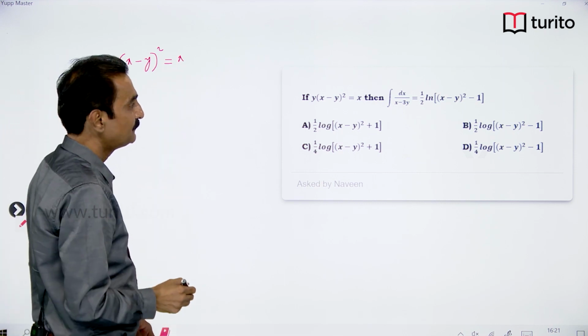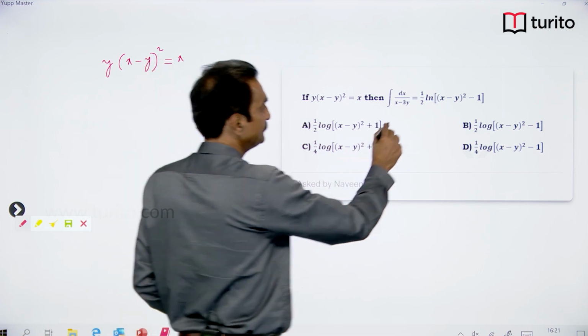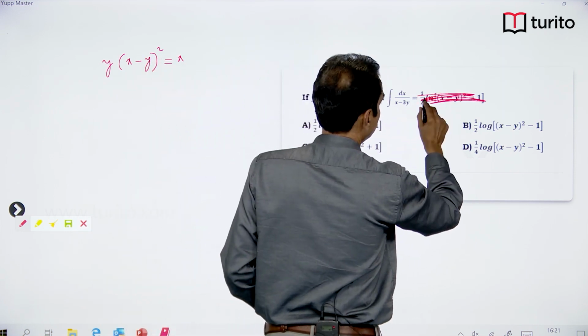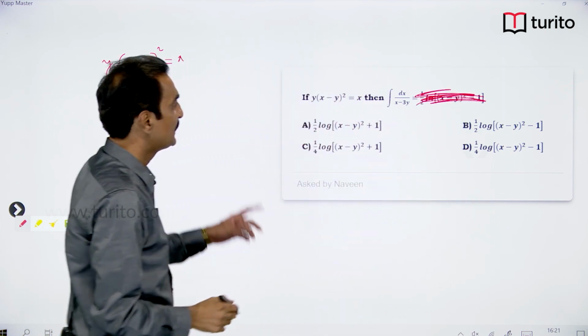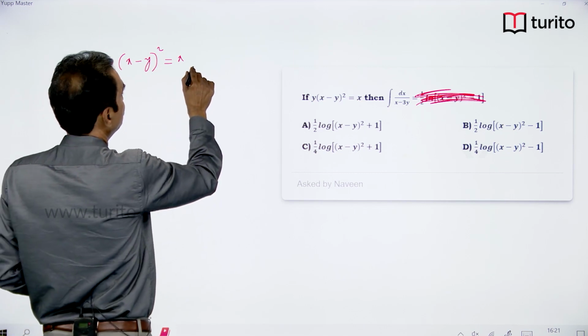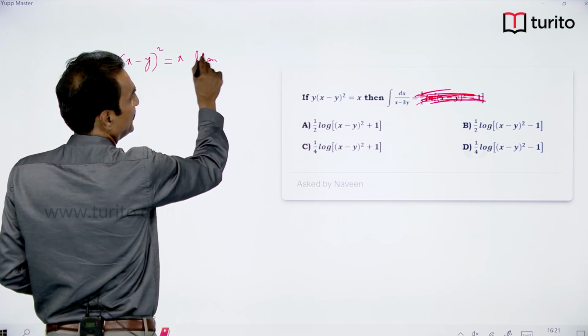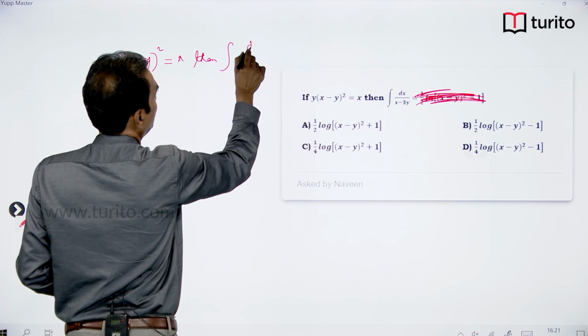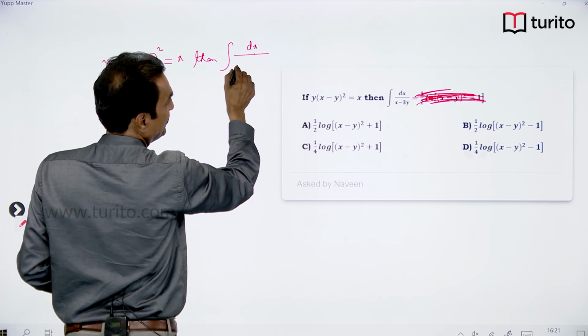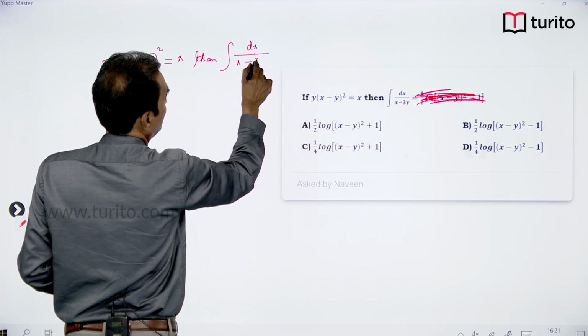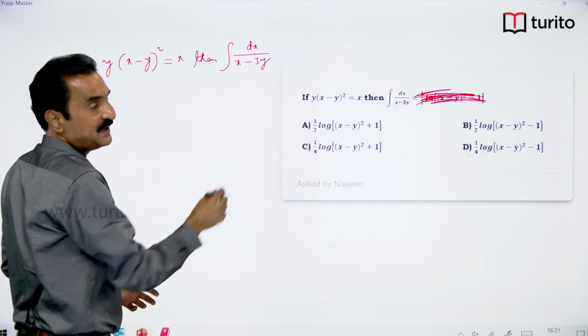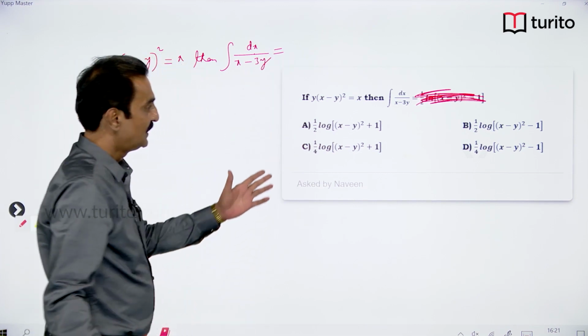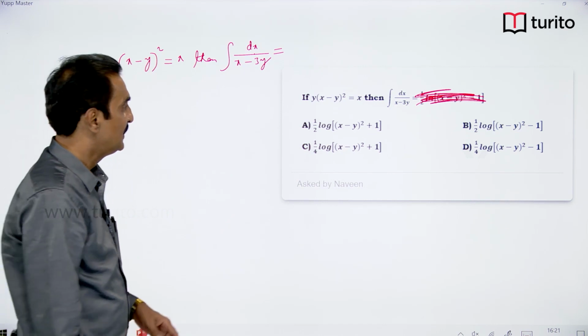Then integral dx by x minus 3y equals, 4 options are given.